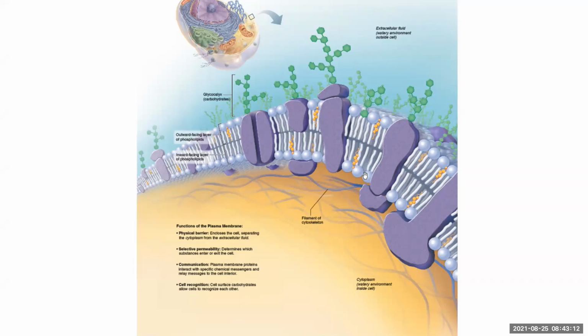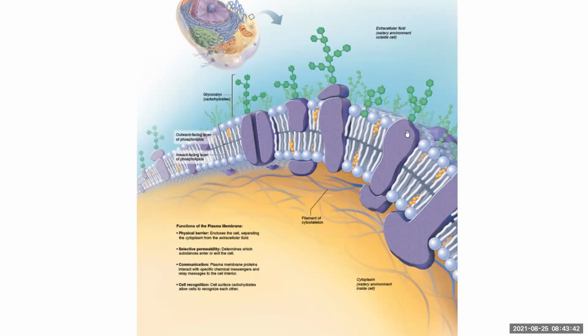Well, same thing with these phospholipid molecules. They have a characteristic of how they react to water. And so we look at these and say, we have a hydrophilic and a hydrophobic layer. If we look here at the diagram, the heads are hydrophilic.